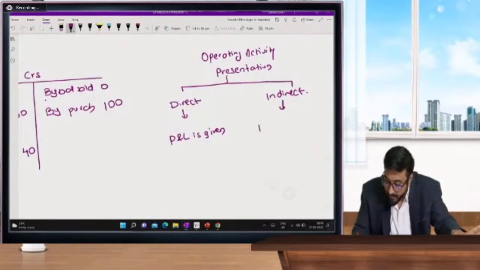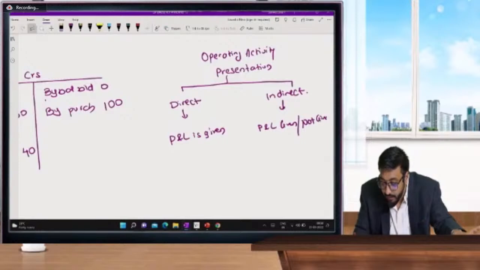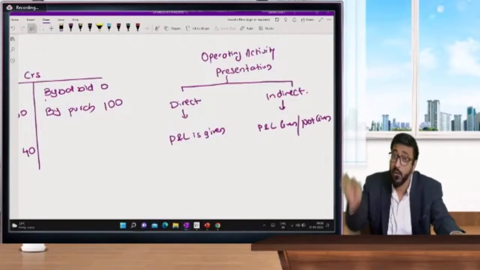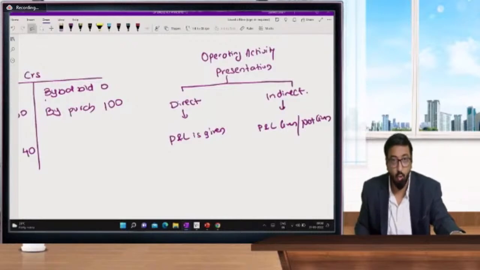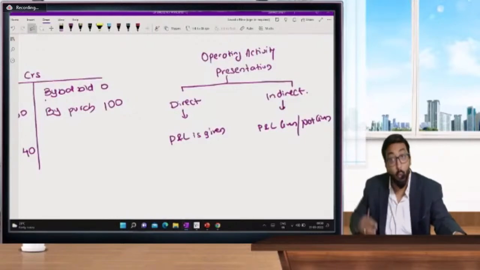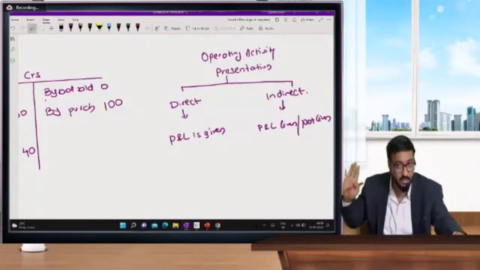If P&L is given, you can use it, and even if not given, you can still use it. So this is a new concept for you. Direct method only if P&L items are given in the question. And indirect, why the word is indirect, that I will explain to you.